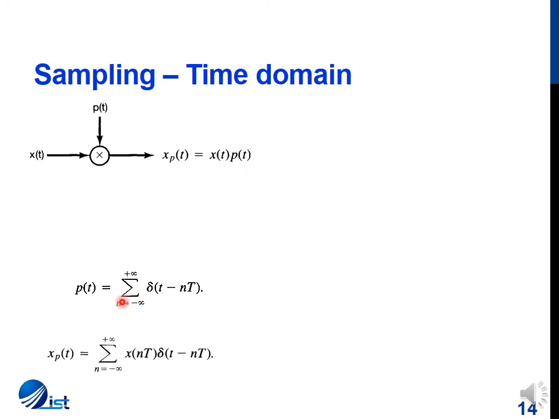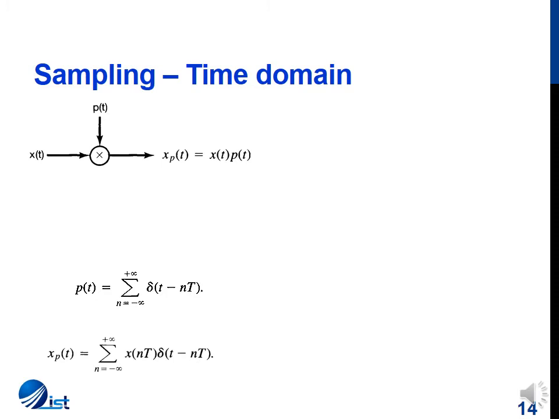This impulse train can be visualized as continuing from minus infinity to plus infinity. It is the sum of delta of t minus nT, where T is the sampling time, or it is the inverse of the sampling frequency f s.